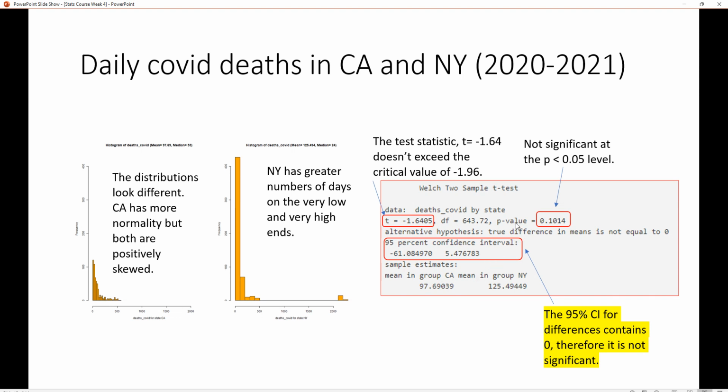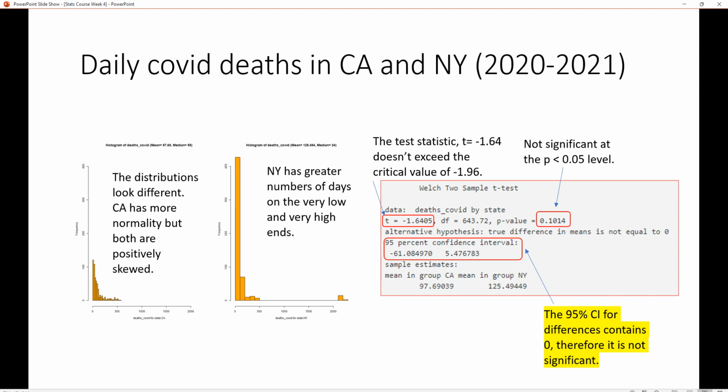We do see that this is not significant at the p less than 0.05 level. We might say that it's marginally significant. However, we'd probably want to explore this more to see what's going on with the data. It's not significant at that p less than 0.05 level, but it's not too far off.